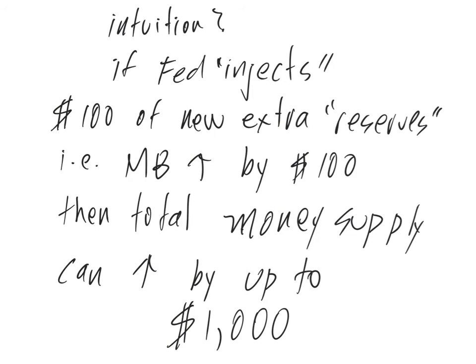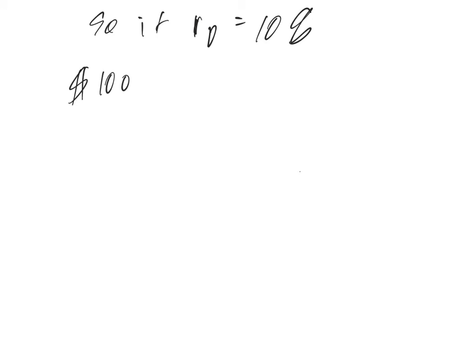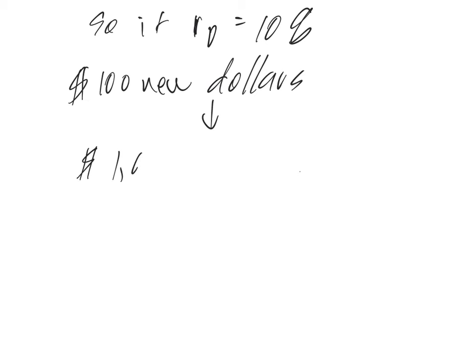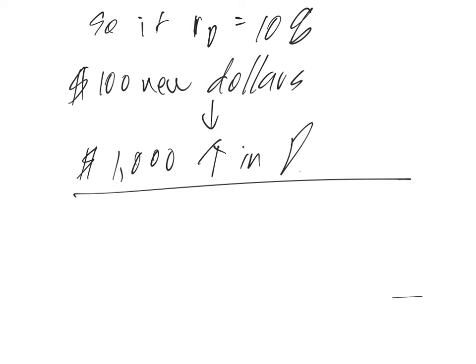So if RD equals, let's say RD equals 10%, 100 new dollars can support a maximum of 1,000 increase in, let's say, demand deposits. Okay. What if RD was equal to 50%?